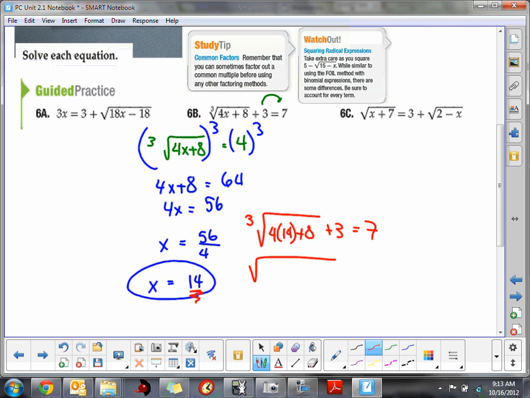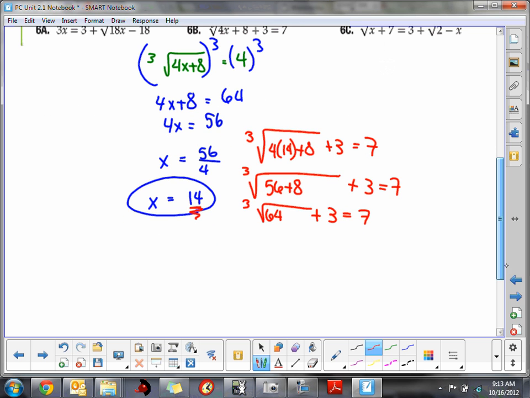So we have the cube root of 14 times 4 is 56 plus 8, which is the cube root of 64, plus 3. Is that equal to 7? The cube root of 64 is 4, since 4 times 4 times 4 is 64, plus 3 equals 7. That checks, so we want to keep the solution.